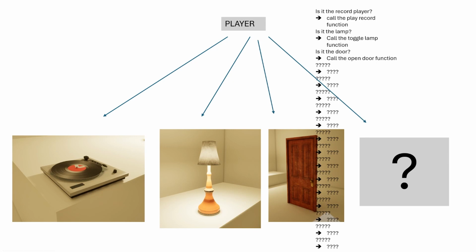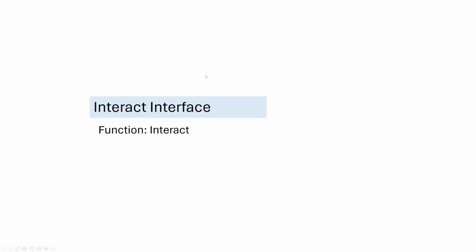So what we'll do instead is we'll create what's called an interface. And it's not like the UI interface, it's a programming interface. And a programming interface is just a set of names of functions without the actual implementation. So the interface will only have the name of our function, interact, but it won't have any code for that function.